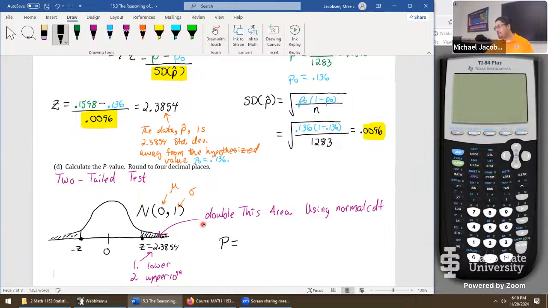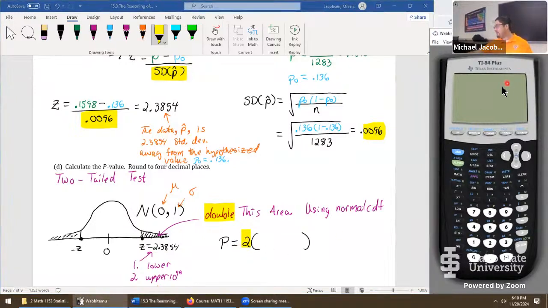Let's write out p equals 2 times something. I get in the habit of writing out this step because it's sometimes really easy to forget you're supposed to double something. But if you put this on paper first, huge amounts of protection against making that simple mistake. Now you know you're just putting a value there, and you will definitely double it next. You can't help but double it now.